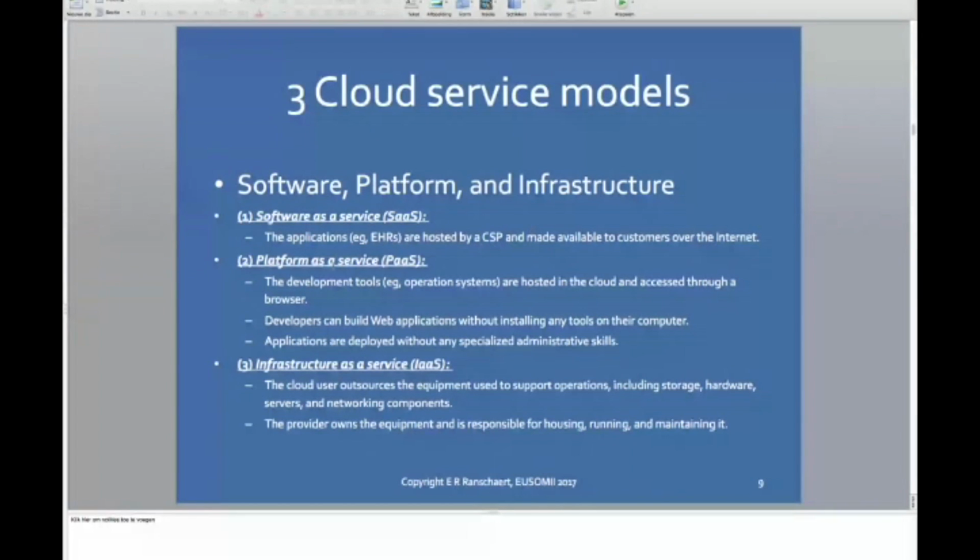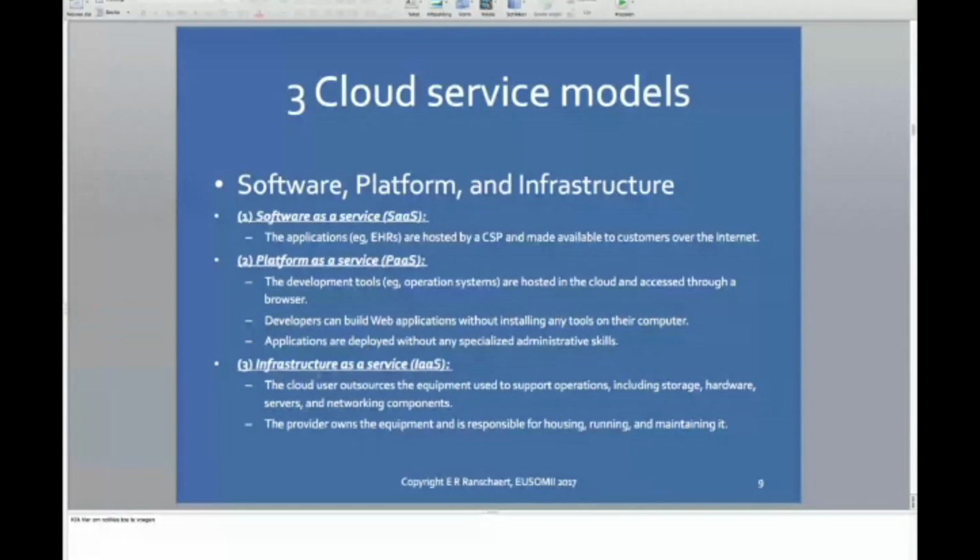When we talk about platform as a service, we should think about development tools such as an operating system that is hosted in the cloud and accessed through a browser. Developers can use this to build web applications for the hospital without installing any tools on their computer. And such applications can be deployed without any specific or specialized administrative skills.